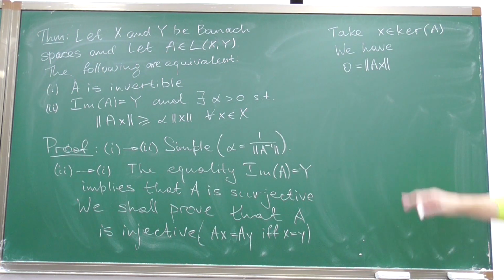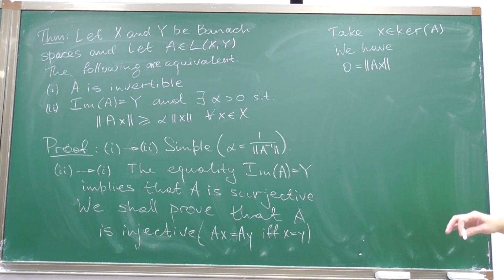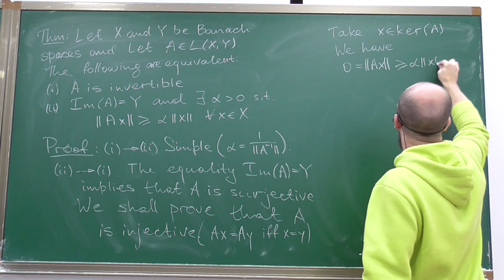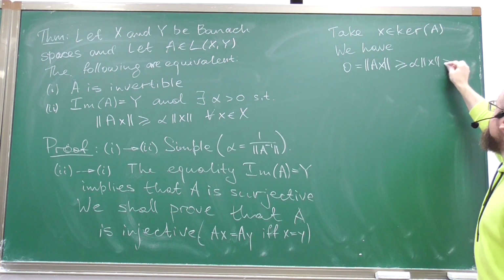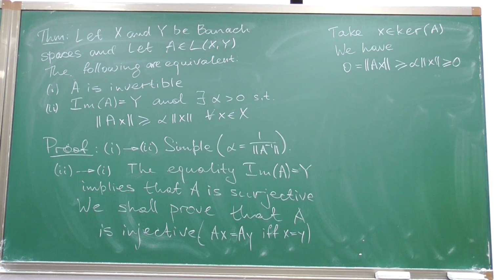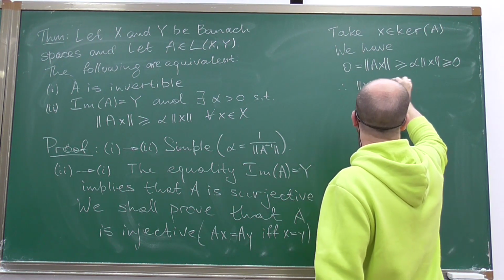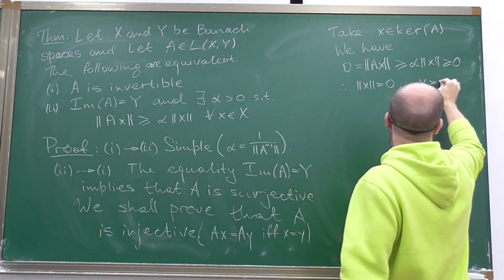But the norm of A of x can be estimated from below by alpha times the norm of x, which is also greater than or equal to 0, which means that the norm of x is 0, and x is 0.